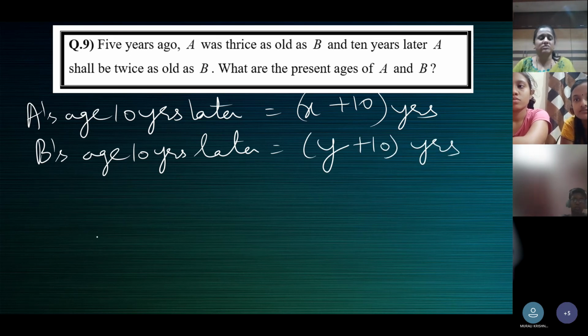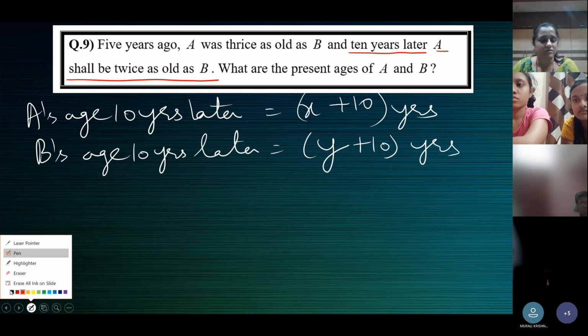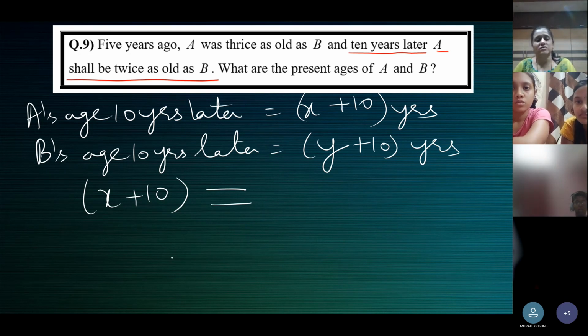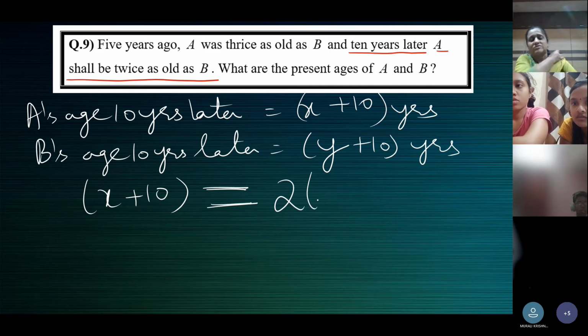What is given? 10 years later, A shall be twice as old as B. A shall be, meaning A is equal to twice B's age.